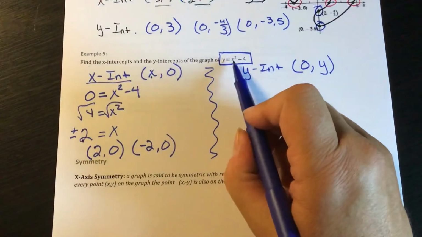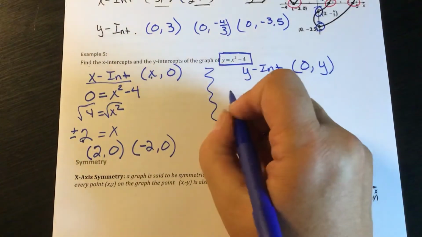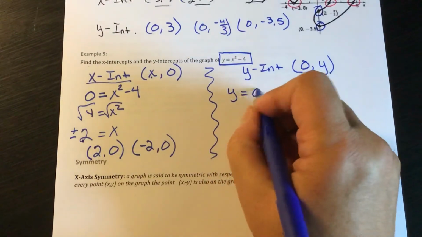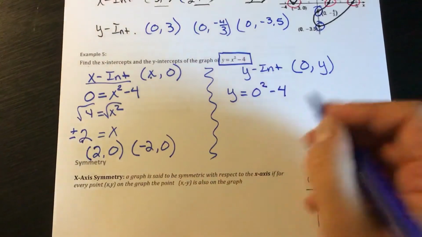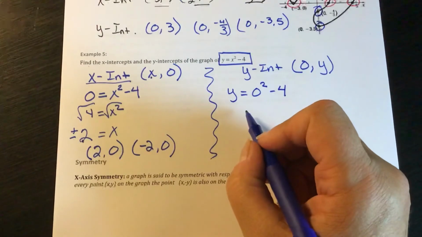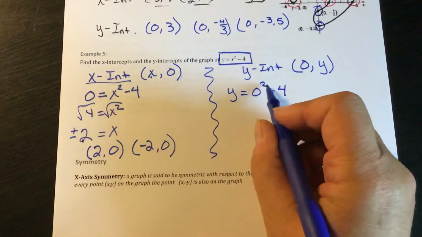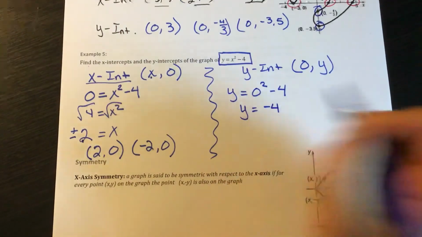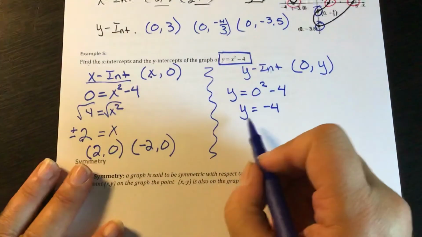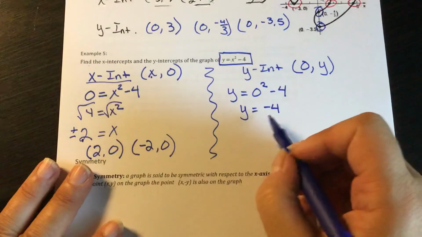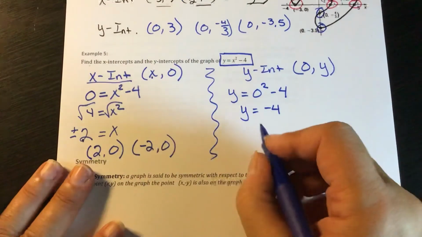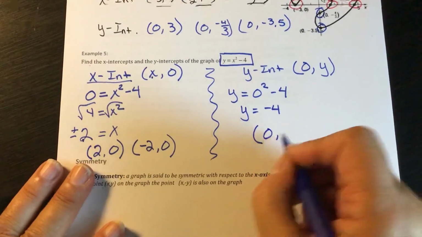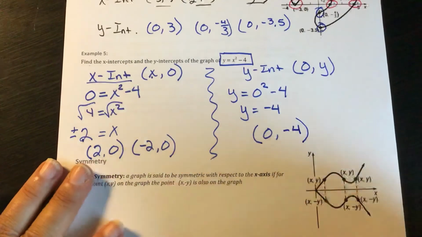So this time I'm going to plug in 0 for x. I have y equals 0 squared minus 4, and 0 squared is 0, minus 4 is negative 4. So this will only have one y-intercept, and that's at the point 0, negative 4.